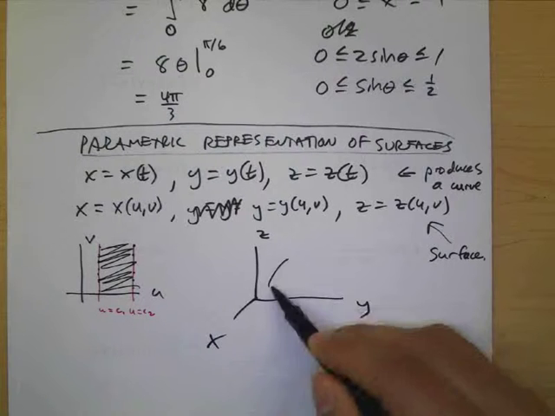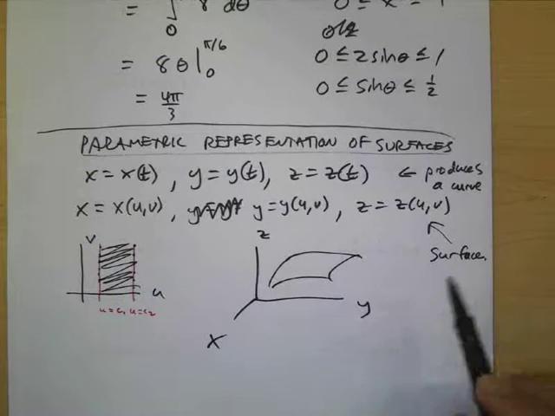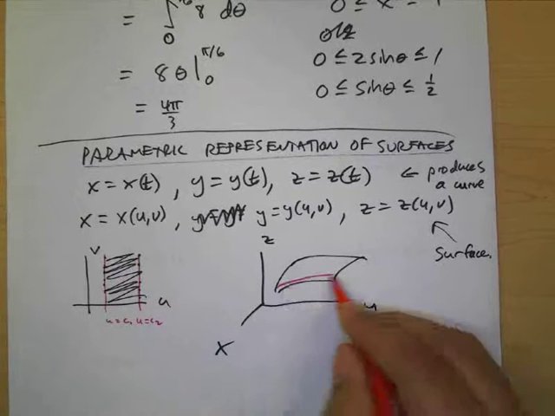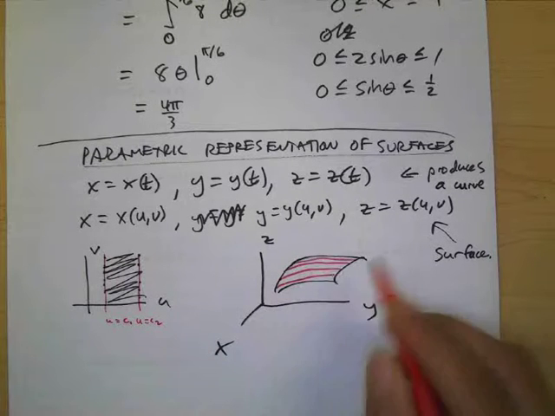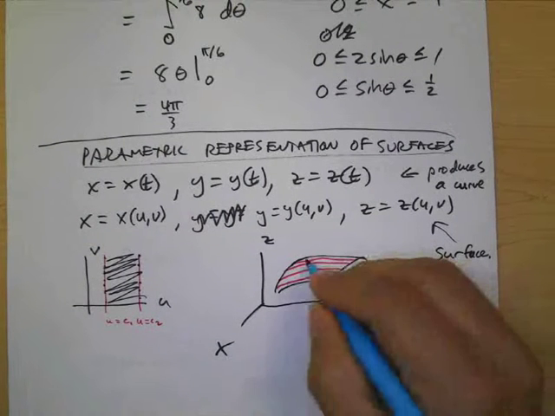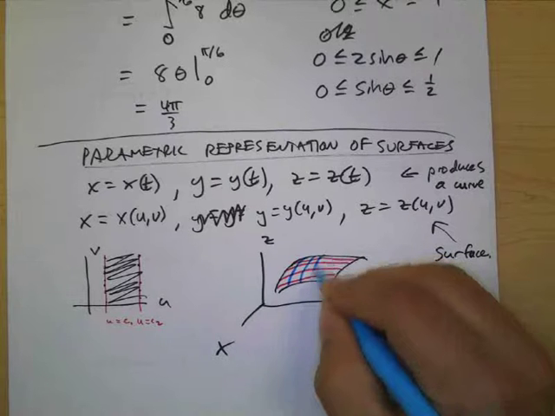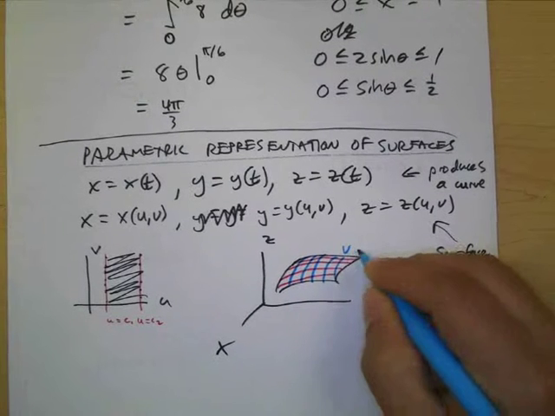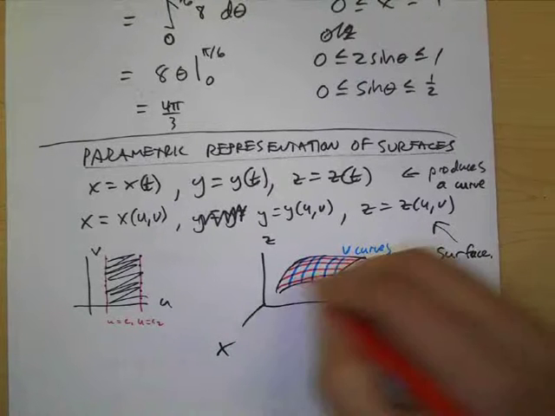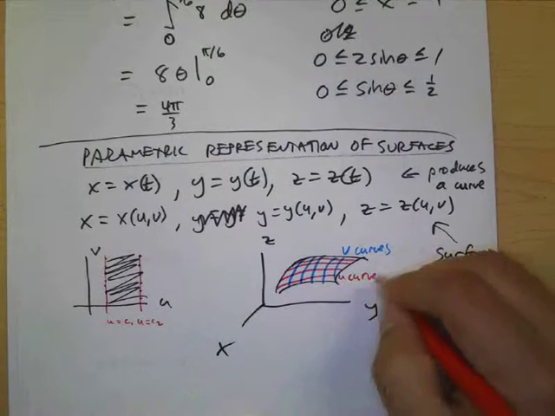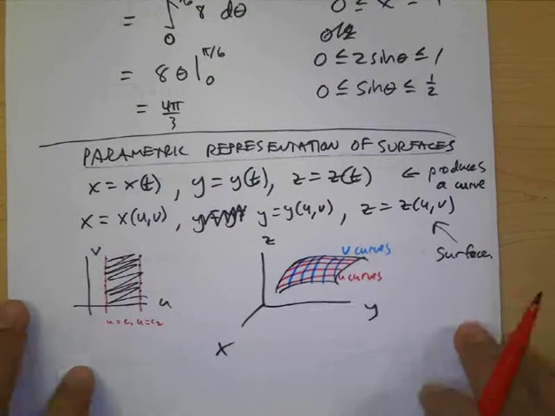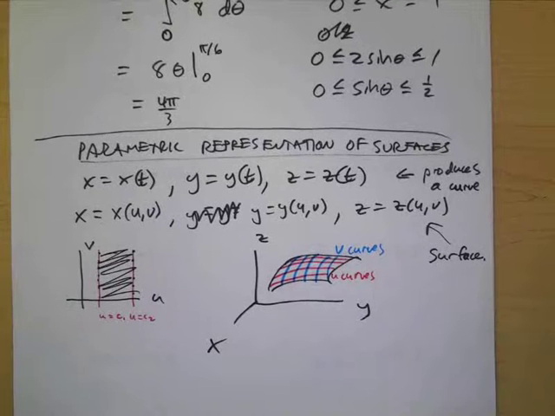We have some surface, and if we do all the u curves, u curve, u curve, u curve, u curve, and if I do the same but do all the v curves, you get a surface. Okay?